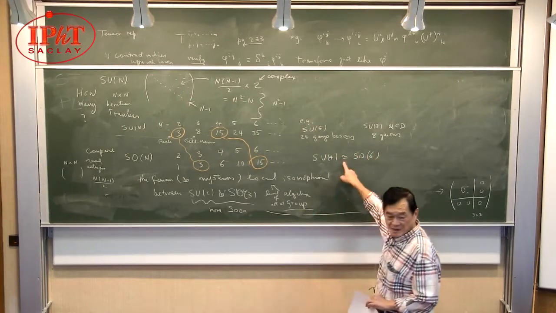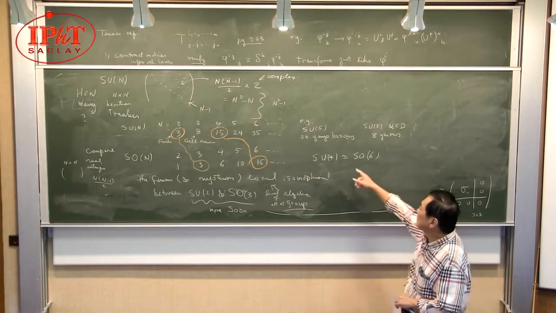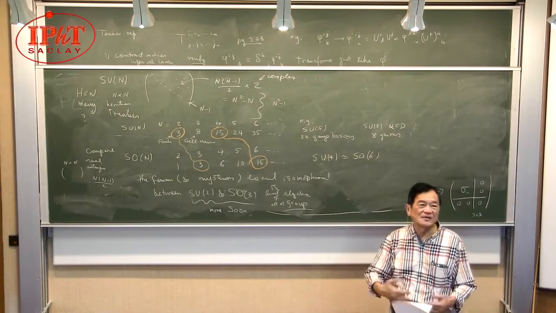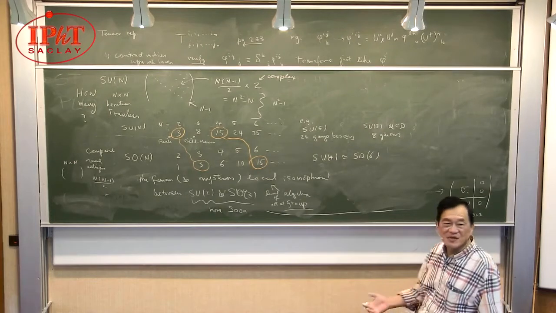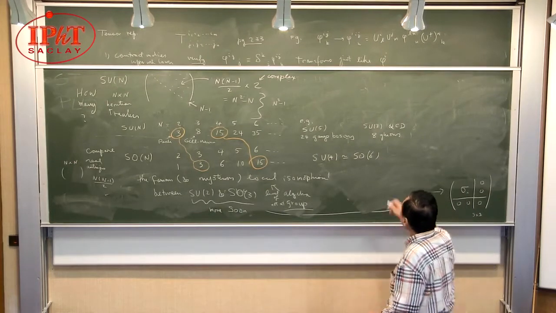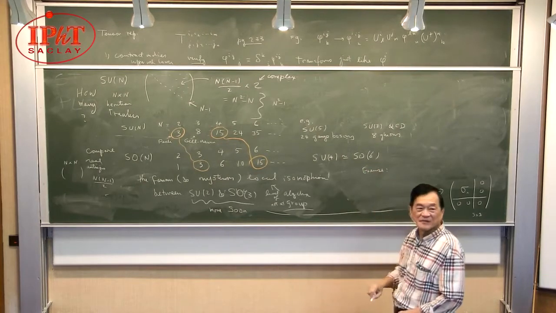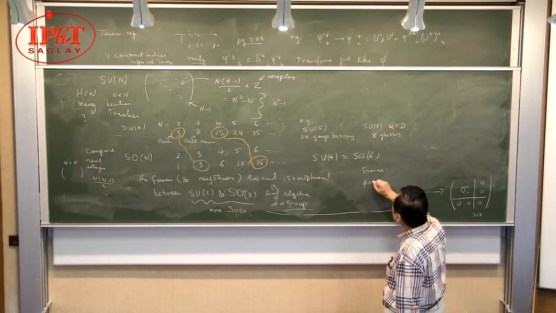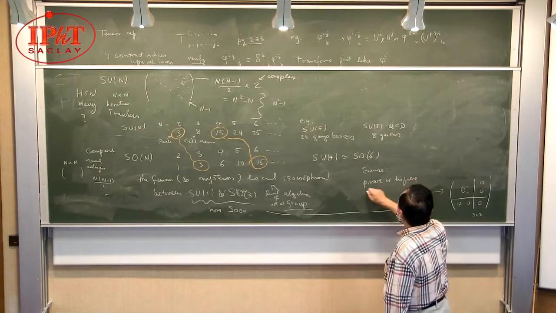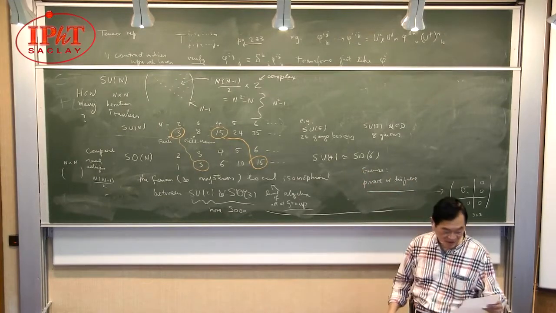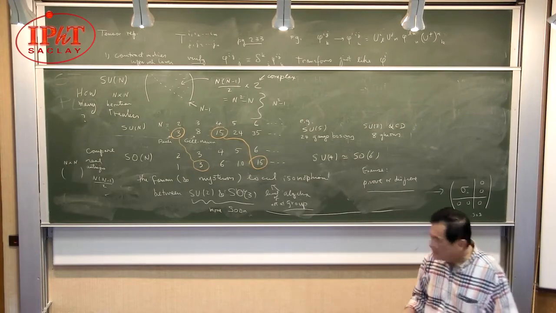We use this symbol for locally isomorphic. If you believe heuristic arguments, now the heuristic argument is maybe not so strong, since these have 15 generators and may have complicated structure. So it's an exercise again for the students. This is probably the most difficult exercise today, which is to prove or disprove this local isomorphism. They have the same number of generators. Are they the same algebra?